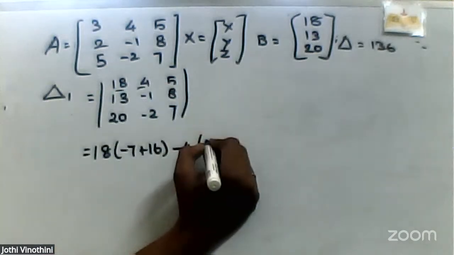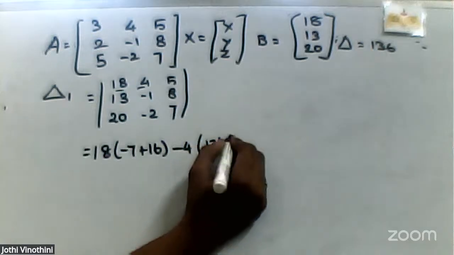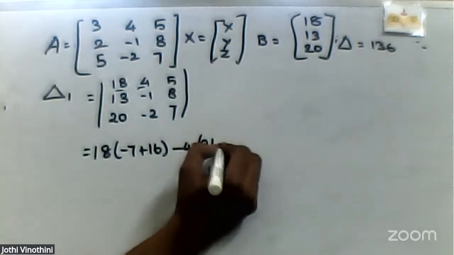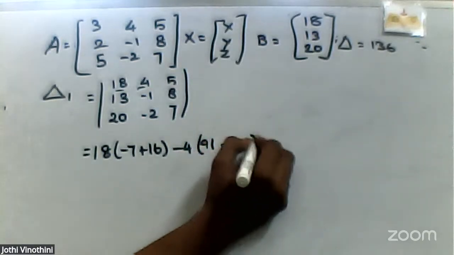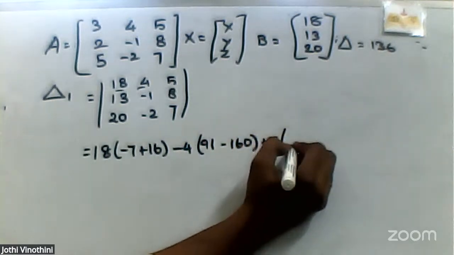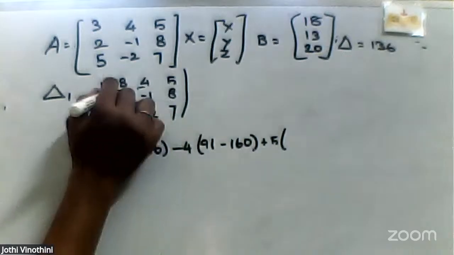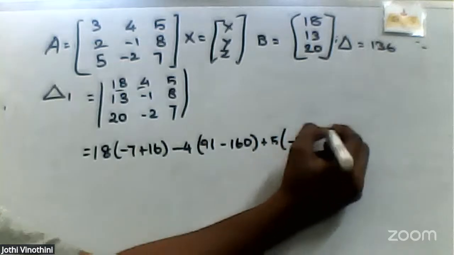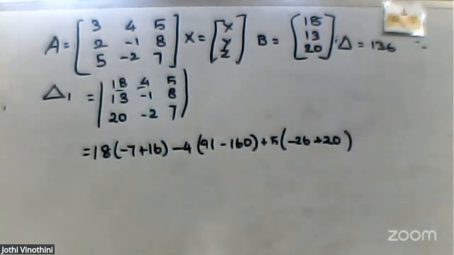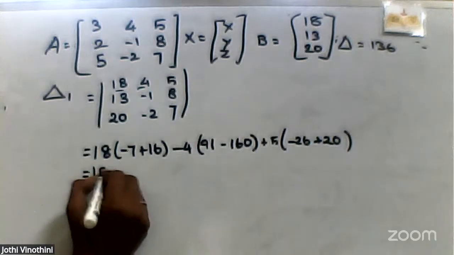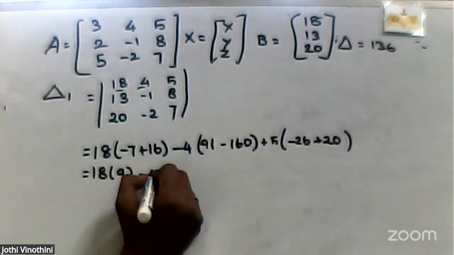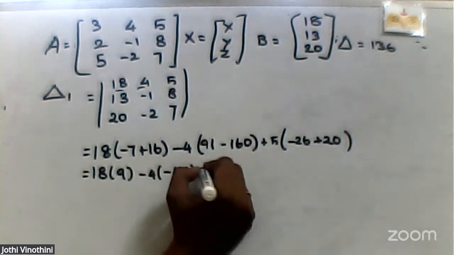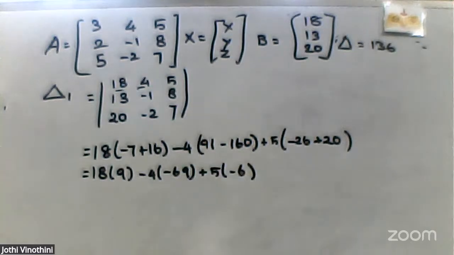While taking this, it becomes 3 into 17, so that is 91 minus 160, and plus 5, again 3 into 17, and minus 26 plus 20. Clear? Clear. So it becomes 18 multiplied by 9, minus 4 multiplied by minus 69, plus 5 multiplied by minus 6.